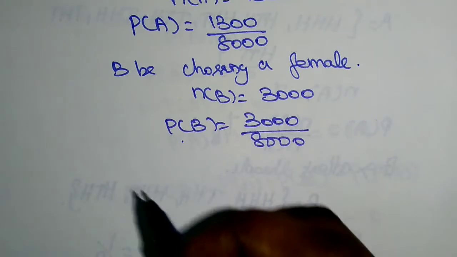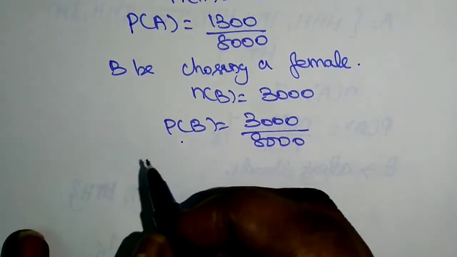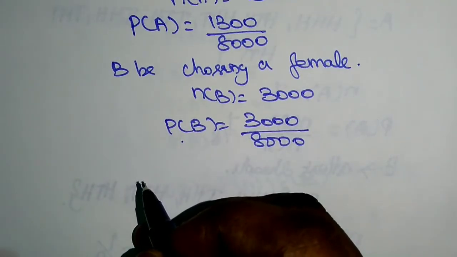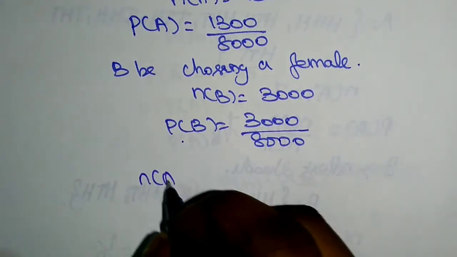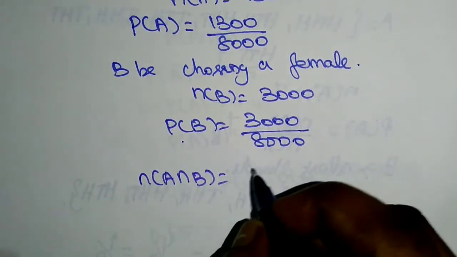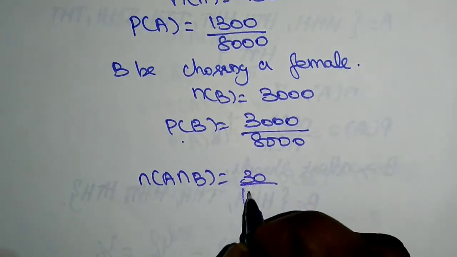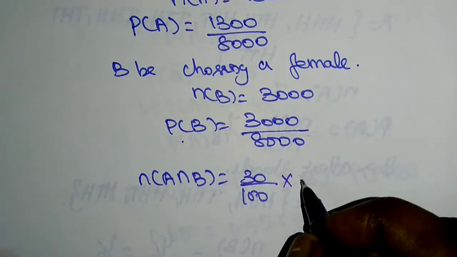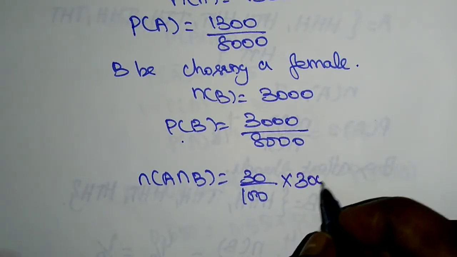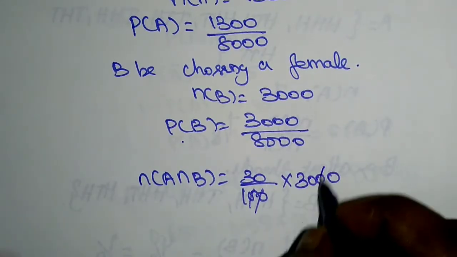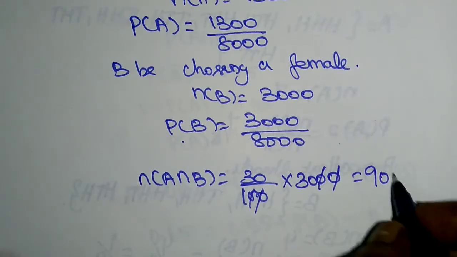Now we have to find, 30% of females are over 50 years. So n of A intersection B is equal to 30% of females who are over 50 years. So 3,000 times 30%, the zeros get cancelled, we get 900.